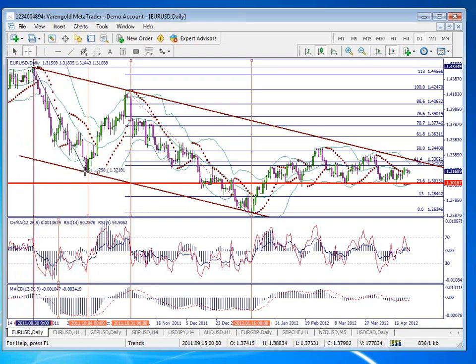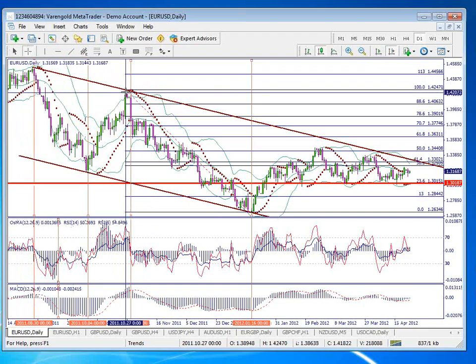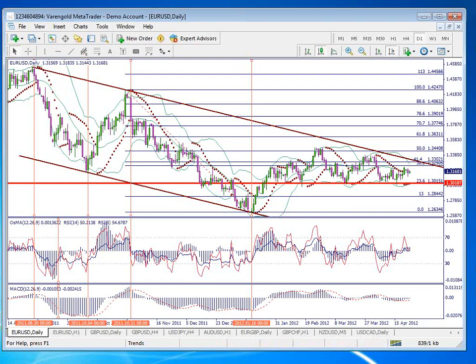We can see that the first wave is about 1,400 pips. The third wave was 1,600. So usually, the third wave is the biggest in number of days, or number of candles, and also in number of pips.